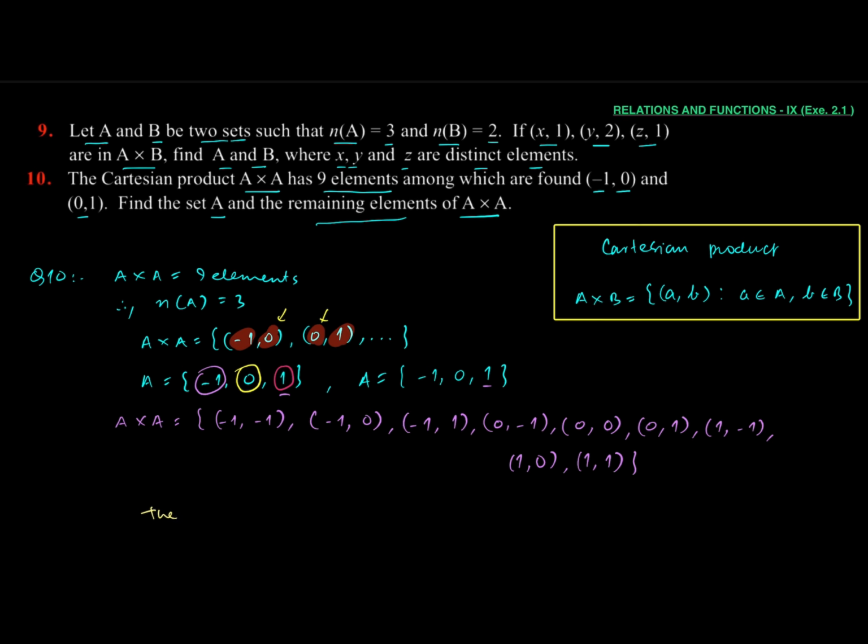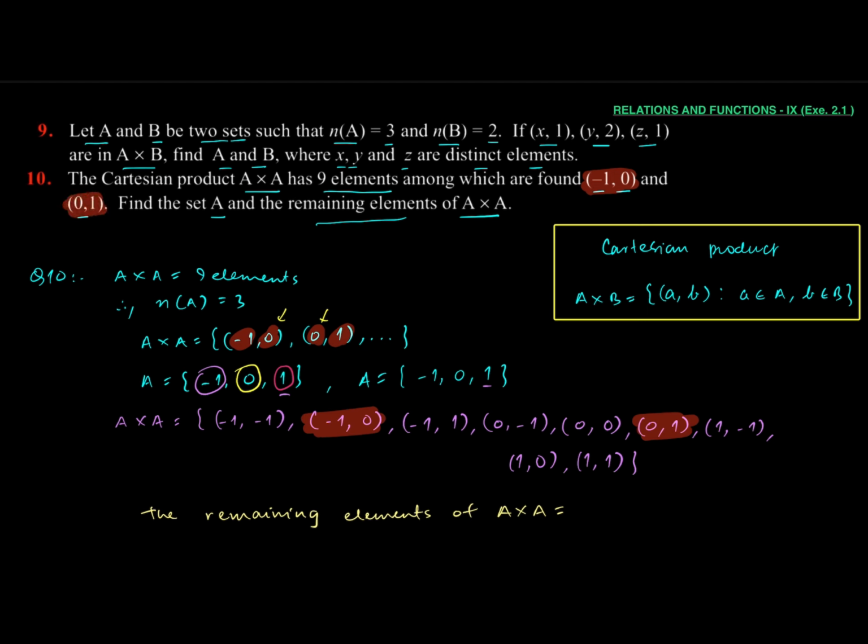Therefore, for the remaining elements of set A cross A, the elements (-1, 0) and (0, 1) will not be written as they have already been mentioned in the question.